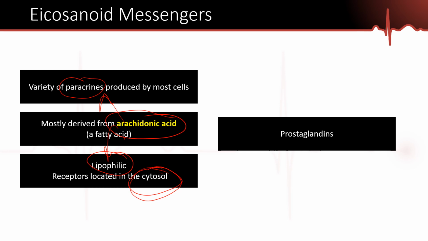So this is one of the chemical messengers that I'm actually going to give you a relatively detailed example of. One of the most common classes of eicosanoid chemical messengers is what are called prostaglandins. Prostaglandins are a type of eicosanoid.